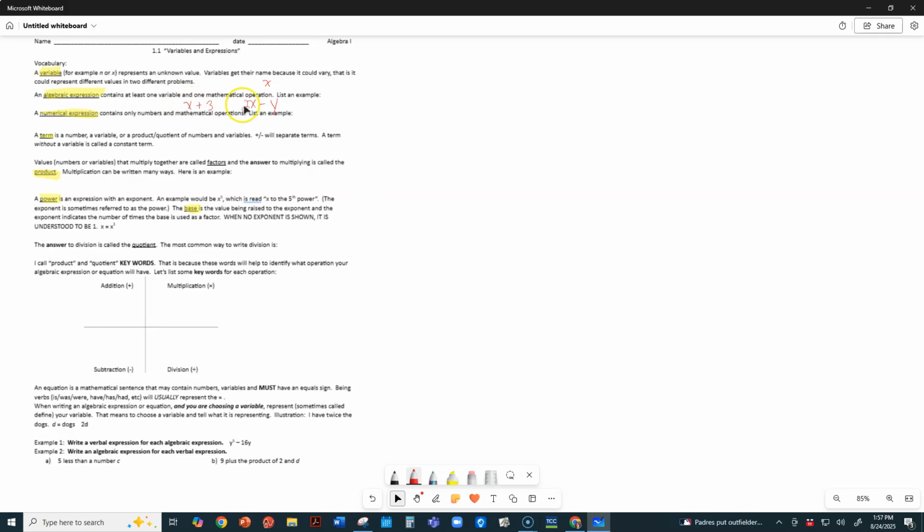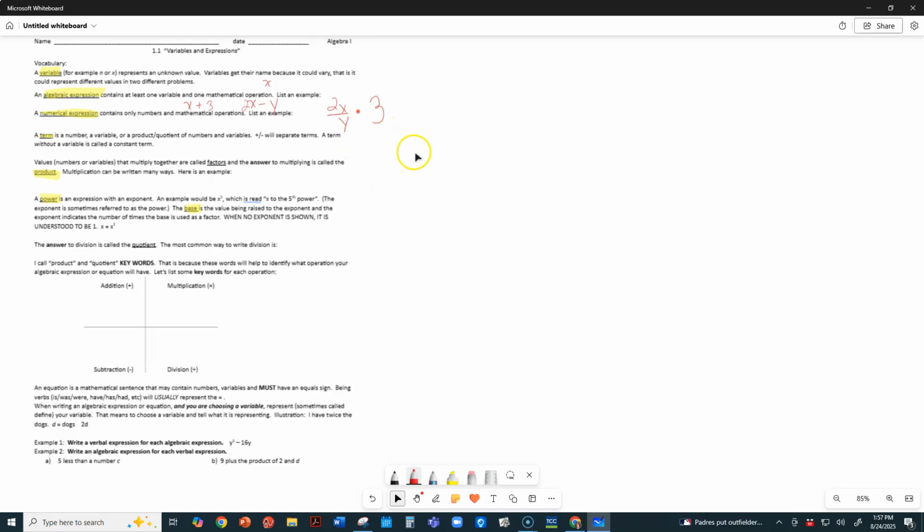Each one of these right here has two terms. This one also has two terms. Terms are where you have a number, a variable, or a number and a variable multiplied together. Here we have a number, here we have a variable, here we have a number times a variable, then we have another variable. But you could also have three terms: a number and a variable multiplied together, the operation divided by just a variable, and then something else, times just a number.